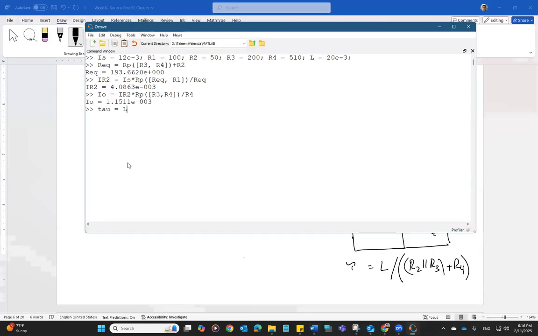So tau is L divided by the parallel combination of R2 and R3 in series with R4, in parentheses, 36.36 microsecond.